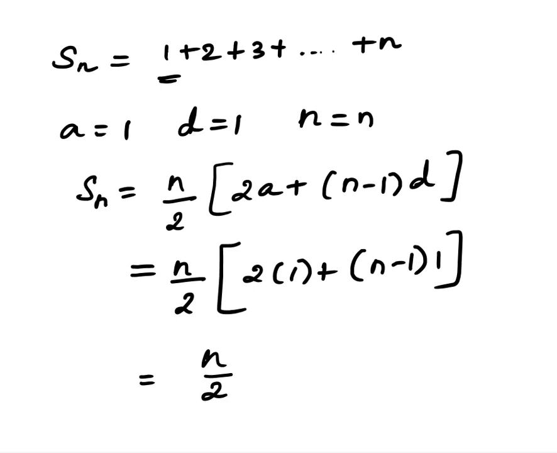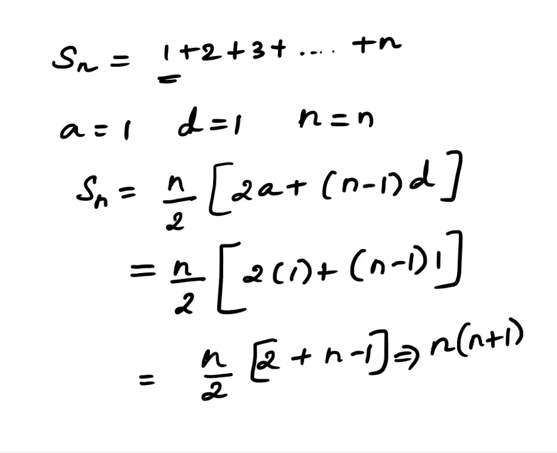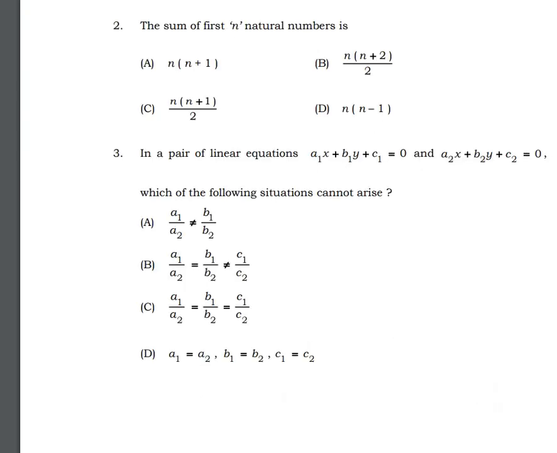So n by 2, 2 plus n minus 1. So solving this, we get n into n plus 1 by 2. So the correct option is C.